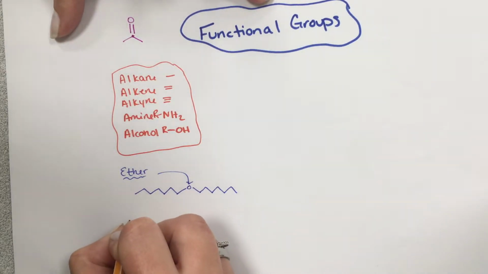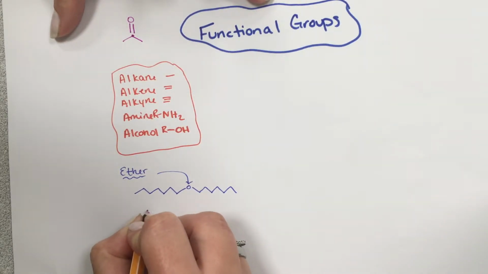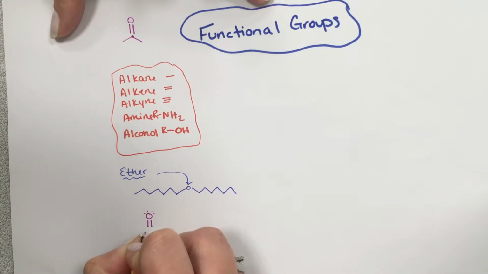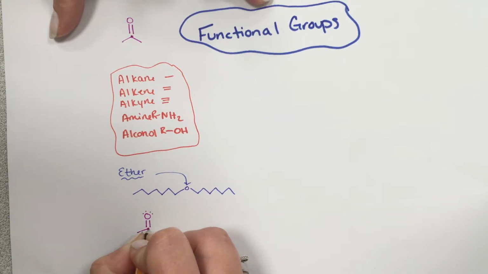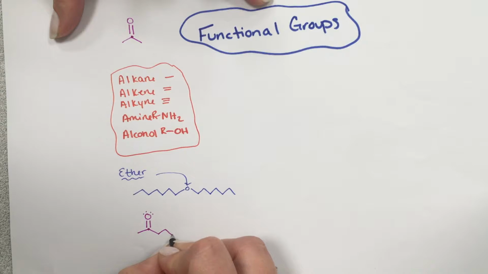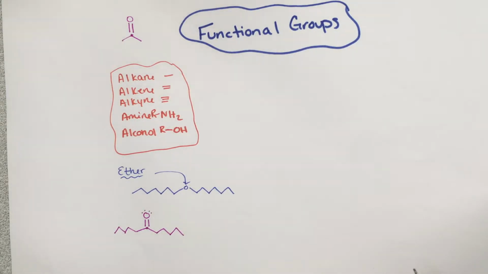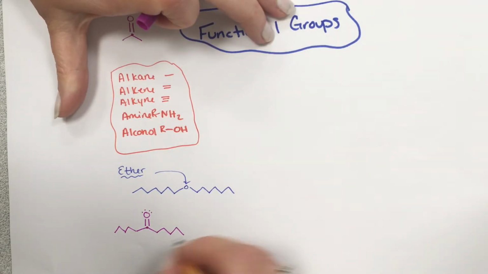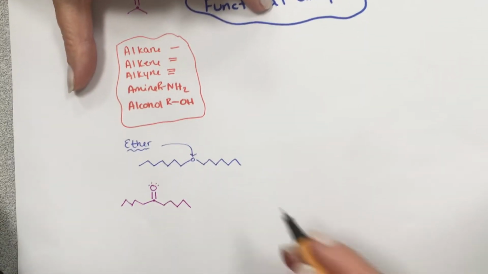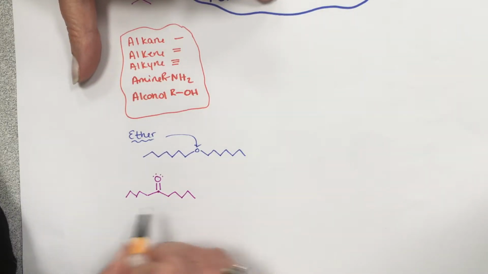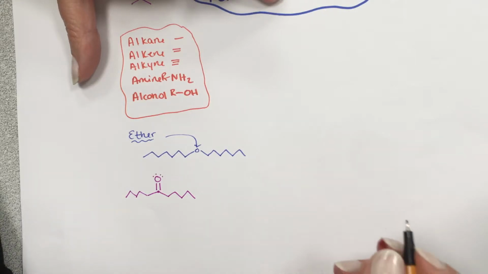Let's say that oxygen is double bonded to that carbon, and that carbon is just bonded to a bunch of other carbons in the molecule. I know it looks like a spider, actually it looks like a bacteriophage, but if it's bonded to the rest of the molecule, that's just considered a ketone, okay?